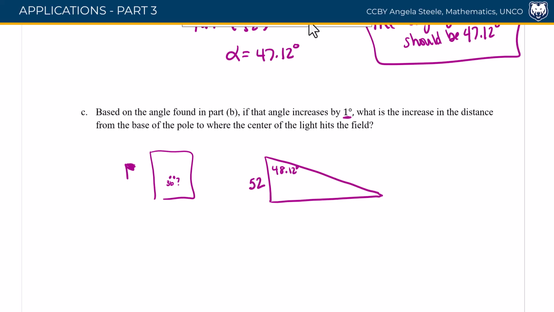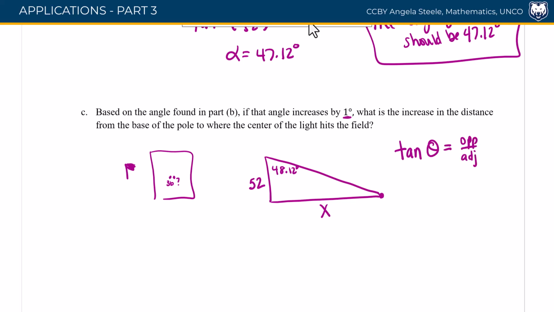It's going to stay 52 feet high. And then the question is, where is that new light going to hit? Okay, so we're still working with the same sides of the triangle, so we're still going to continue working with our tangent function. So tangent of theta is opposite over the adjacent.